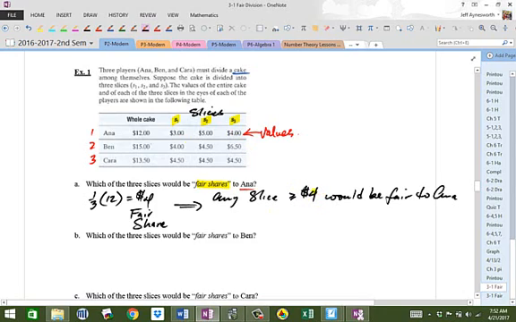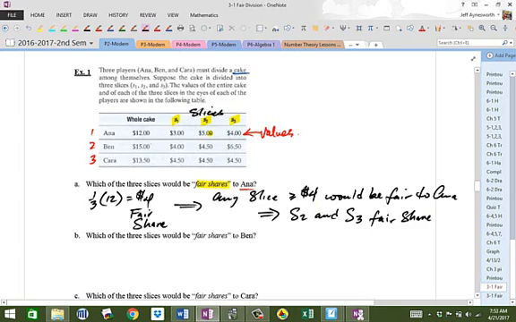So Anna would consider S2 and S3 fair shares, because they are greater than or equal to 4. Based upon her value system and how she's valuing the slices, she would consider S2 and S3 to be fair and not S1, because 3 is obviously not greater than or equal to 4. So she would probably choose S2 or S3, most likely S2 since that's the highest valued one.